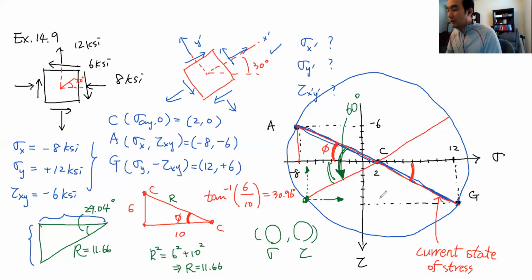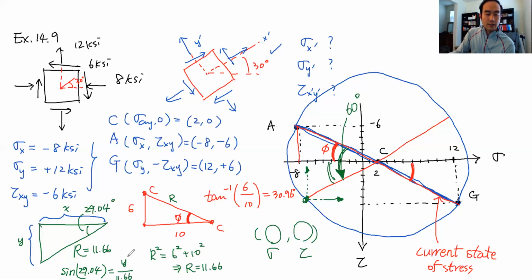So what we can do is, look at the triangle. If you know the length here, we can set up the equation as this. Think about the sine of 29.04, this angle. How can you calculate the sine? The vertical, let me just call it x and y. Then sine of this angle should be y over 11.66.